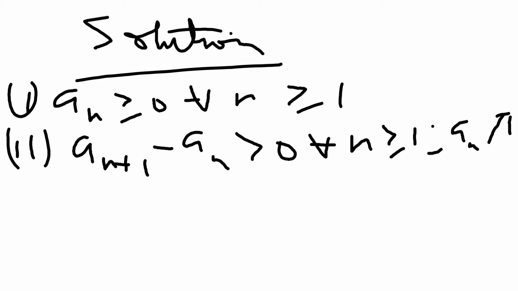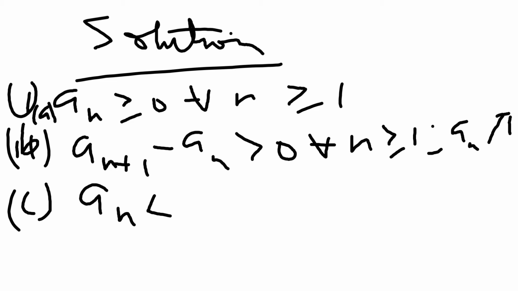Let us call this 1b, this is 1a, then 1c will give us that an is strictly less than 1 for all n bigger or equal to 1. So an is positive, an is monotone increasing, and an is bounded above.